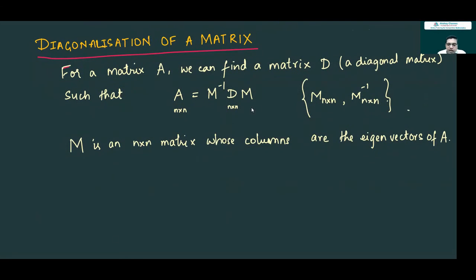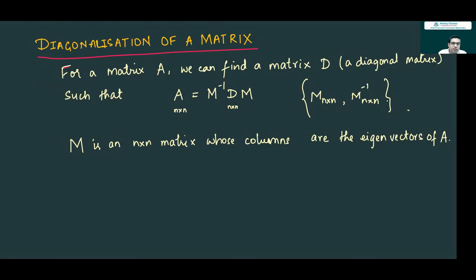So M's first column is the first eigenvector, second column is the second eigenvector, third column is the third eigenvector. All right. And we will see what we get D as.